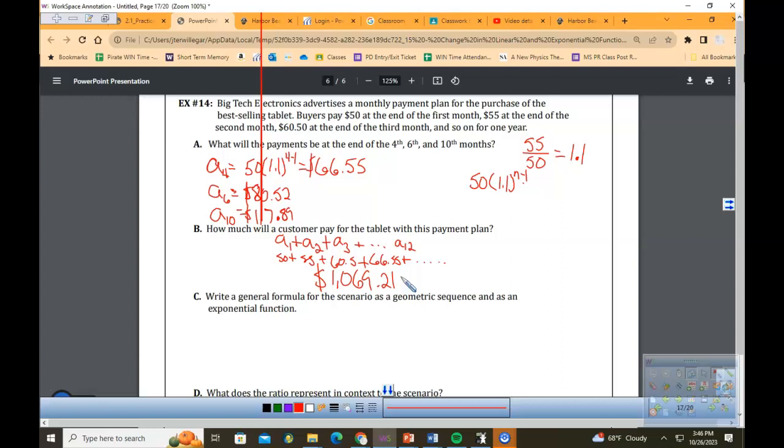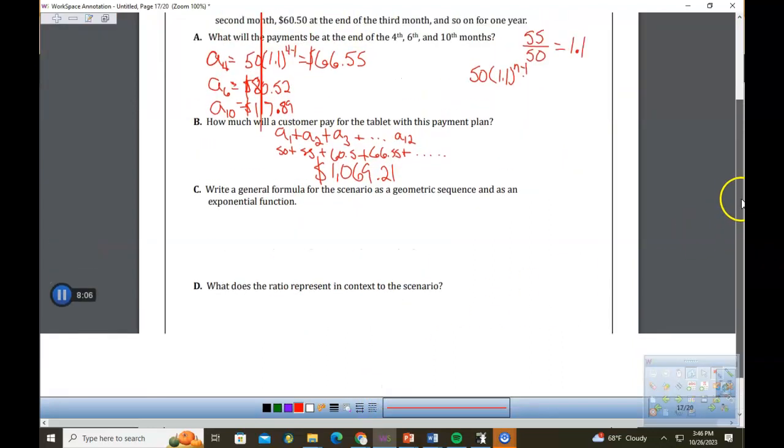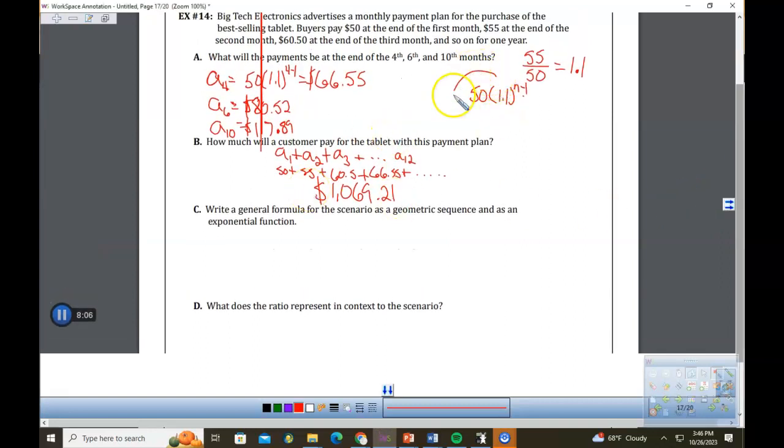It says write it as a geometric sequence and an exponential. Well, we wrote it as a geometric. Do you guys agree on that? It's right here: a sub n equals 50 times 1.1 to the n minus 1. Now, can we write that as an exponential? For this, I need to find a sub 0. Well, to find a sub 0, I have to work backwards.